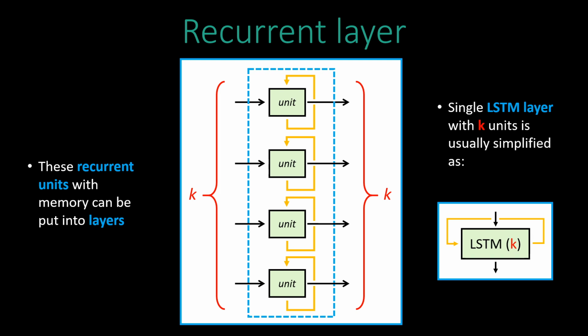Okay. Similarly, like in previous cases where we had a single neuron as a unit of a larger layer of neurons, in this case as well we have a recurrent unit here, and we are building a full layer from these units. It would be difficult to read schemas of models which have all of these arrows everywhere.